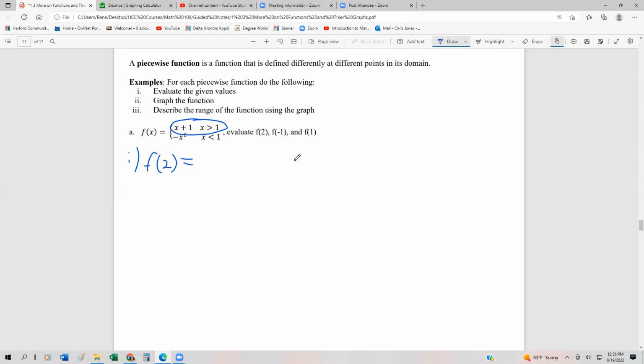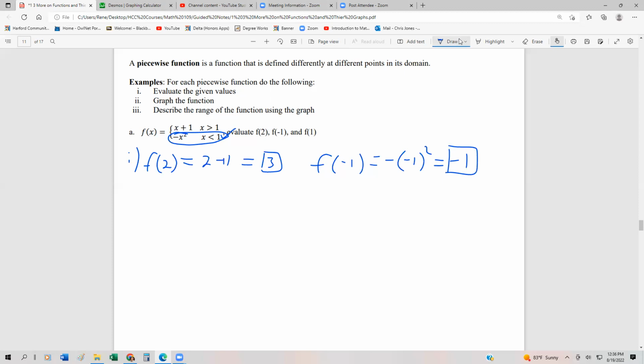So f at 2 would be 2 plus 1, which is 3. If I wanted to evaluate f at negative 1, negative 1 falls in here because negative 1 is indeed less than 1. That would be the opposite of negative 1 squared, which turns into negative 1 once we evaluate.